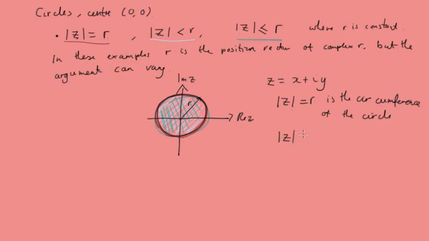For the modulus of z less than r, it's all points within the circle but not the circumference.